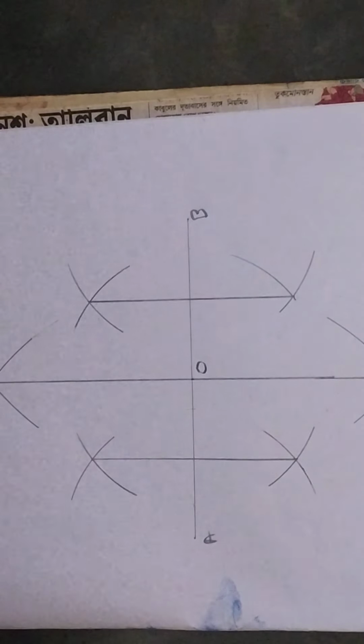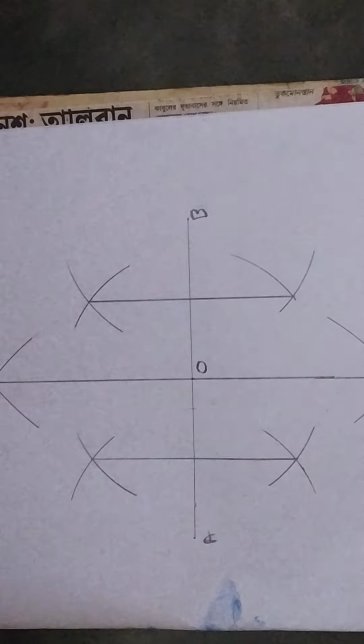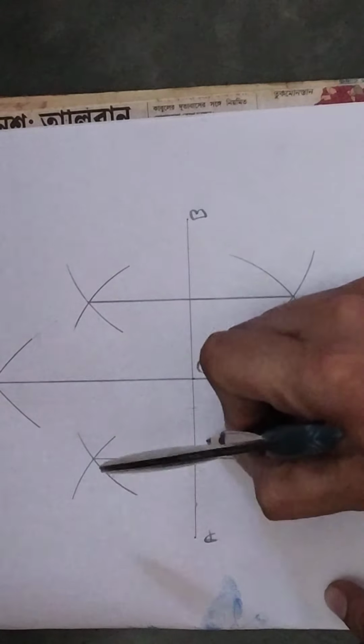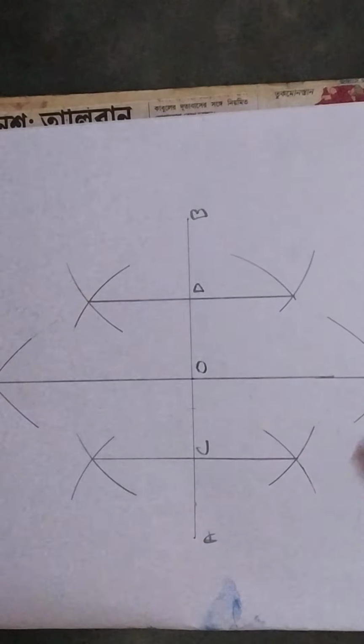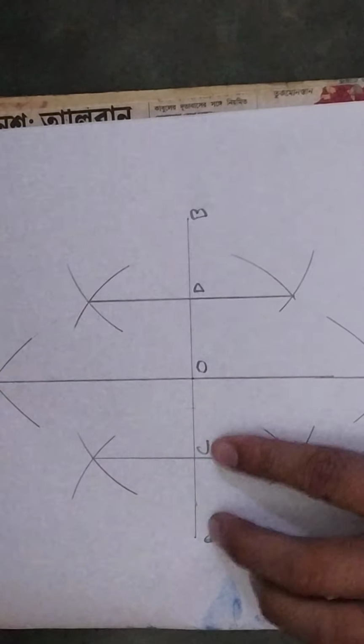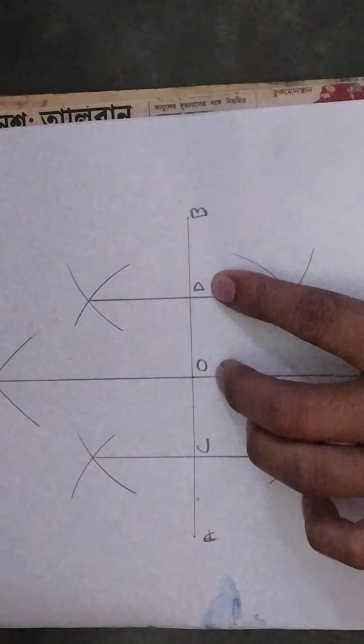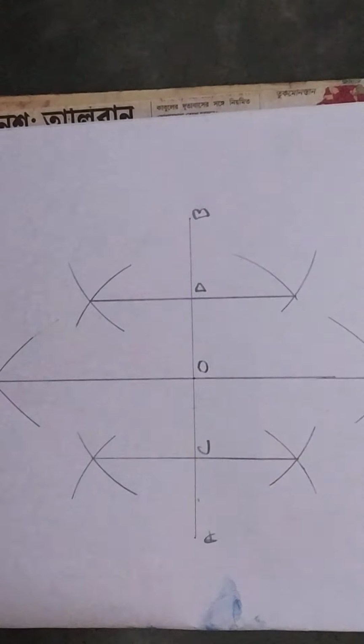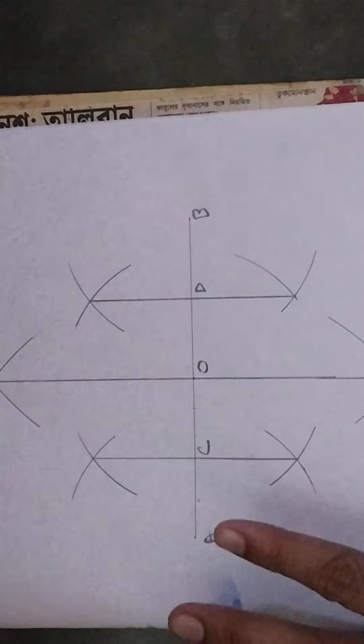Now you can see, suppose I'm giving another name, here C and D. Now the entire line has been divided into 4 equal parts: AC, CO, OD and DB. So these are the 4 equal parts.